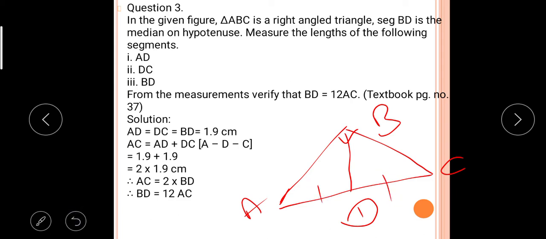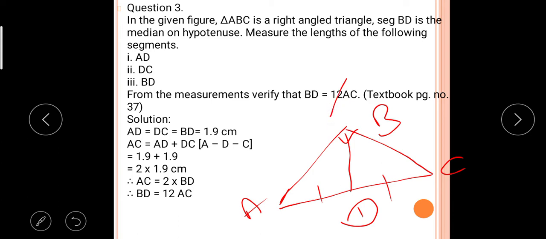This side is equal to this side. This is the diagram for this question. So what is wrong in that question, you have to decide on question number 2. Don't forget. Measure the lengths of the triangle. From the measurement, verify that BD is equal to half of AC.